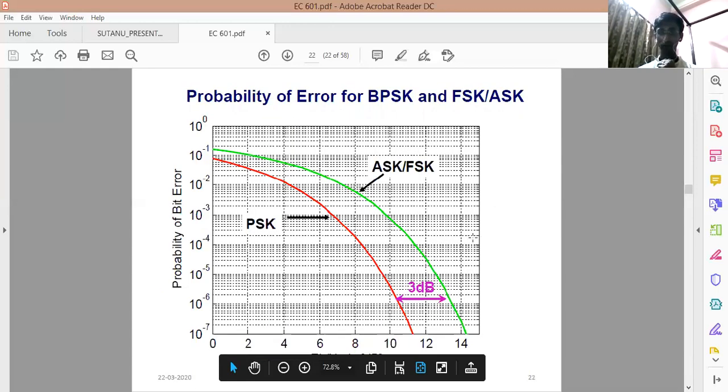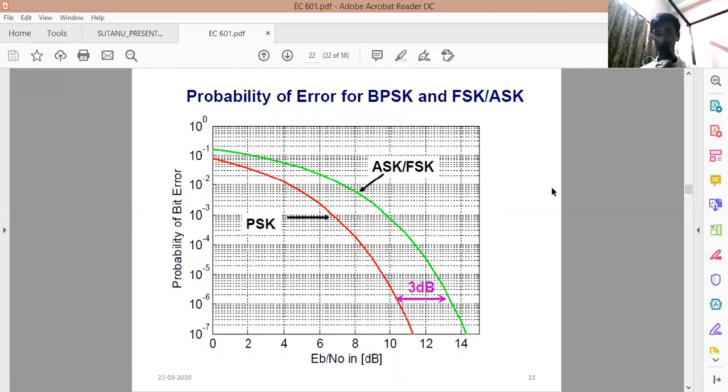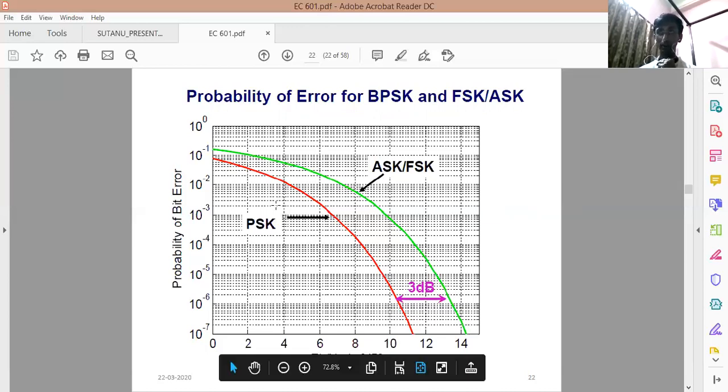So when we compare in terms of the graphical plot, what are we getting? The PSK performs better in terms of bit error performance. It needs less energy to obtain this amount of probability achievement.